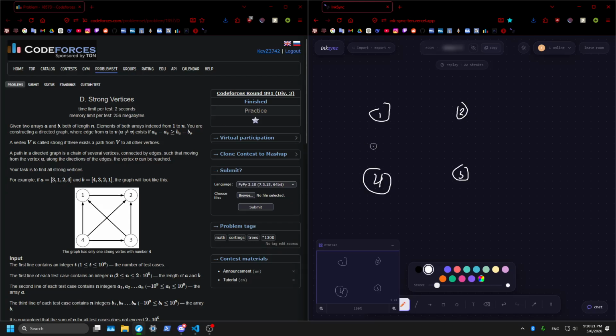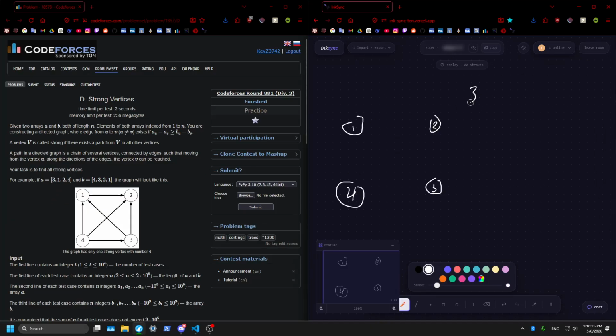From 1 to 2, 3 minus 1 greater than or equal to 4 minus 3. This is correct, so an edge from 1 to 2 exists, like this.